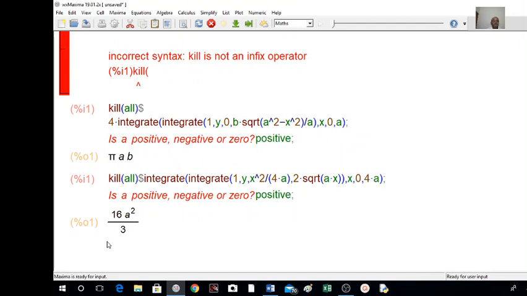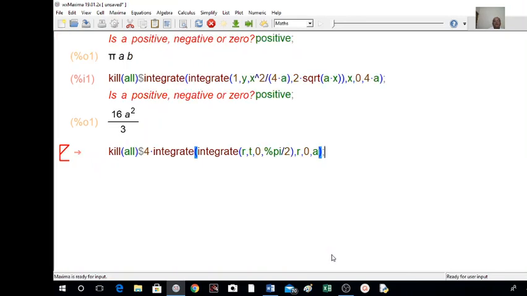Paste. kill(all); 4 into integrate r, theta ranges from 0 to pi by 2 and r ranges from 0 to a. Execute. This is equal to pi a square.